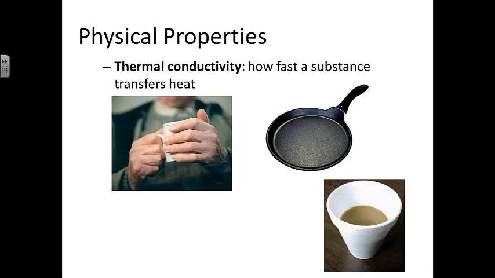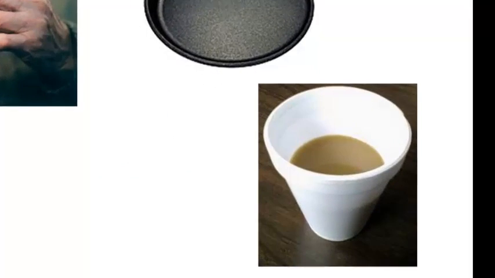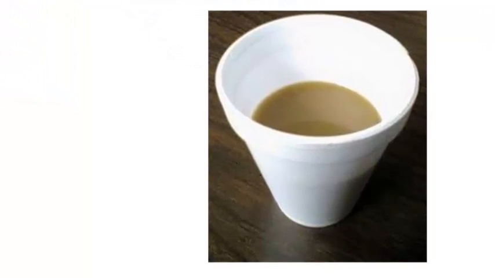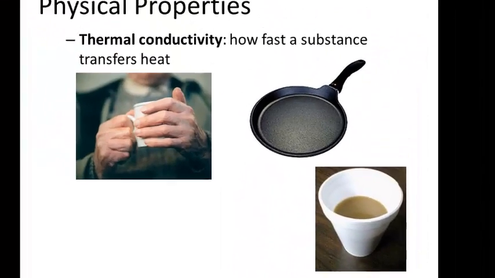In the winter, if you want to warm up, you frequently buy a hot beverage. Now, if you're wanting it to warm you up from the inside out, you would put it in this styrofoam cup because styrofoam is a really good insulator. It does not conduct thermal heat very well.